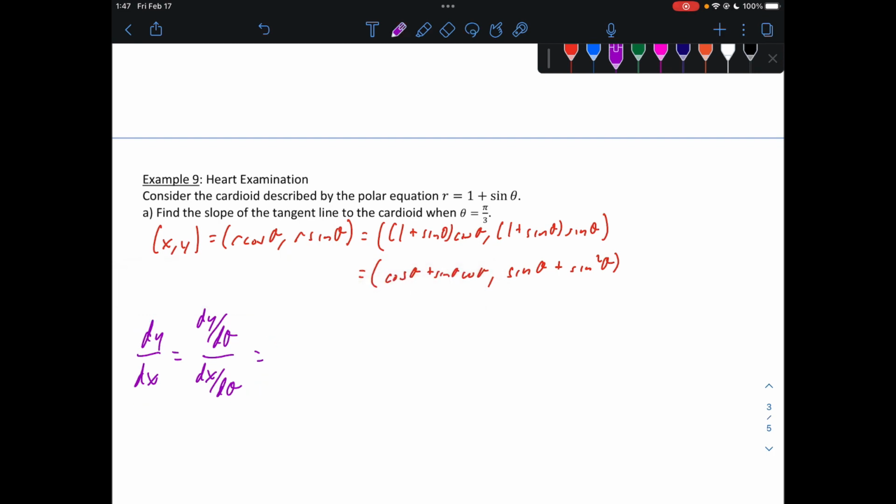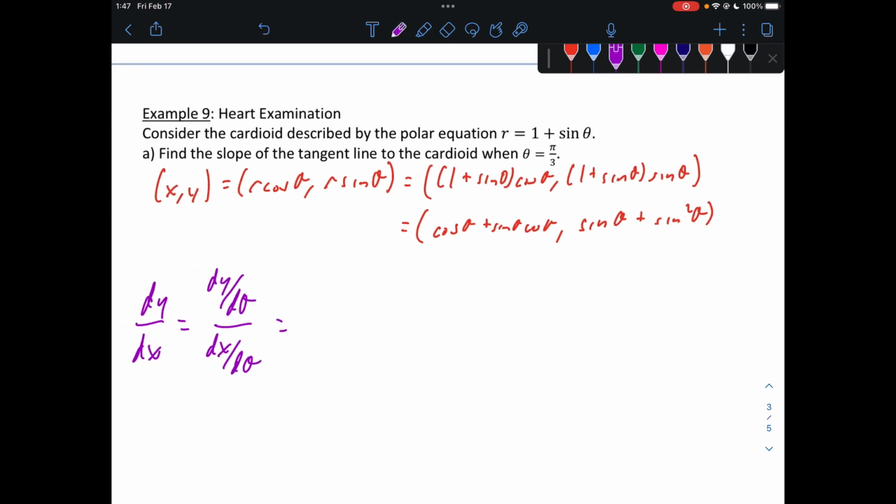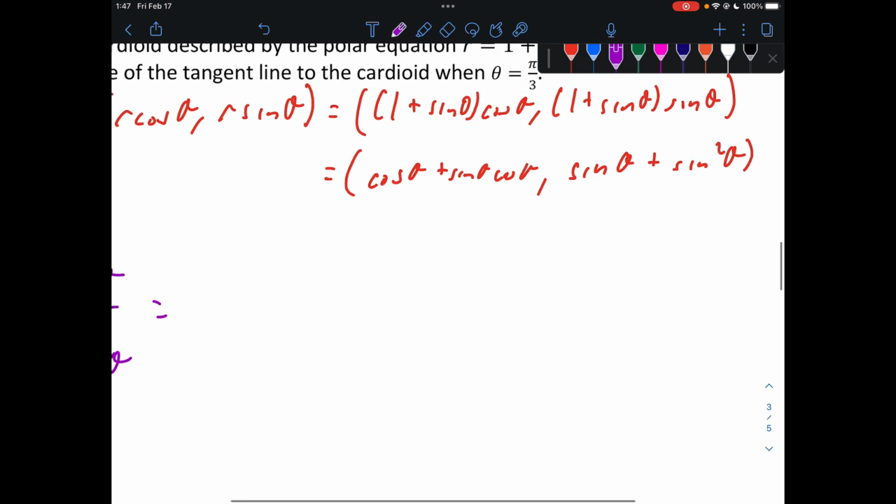All right, here we go. So remember, this is going to be dy/d theta over dx/d theta. So dy/d theta, the derivative of sine, is just cosine. And the derivative of sine squared is 2 sine cosine.